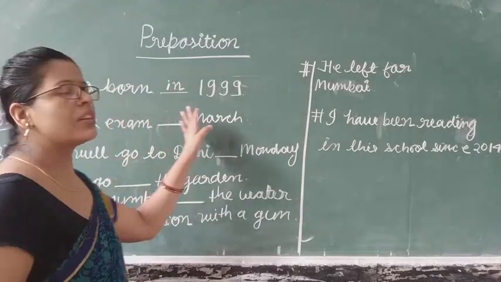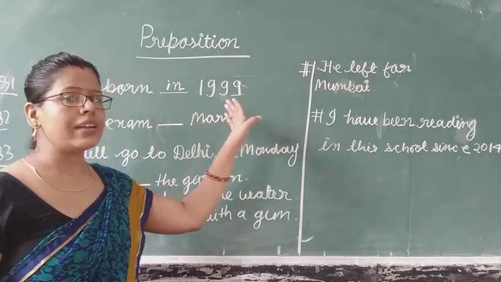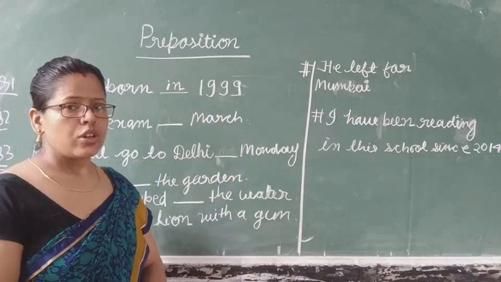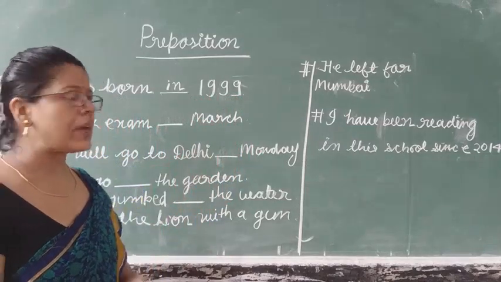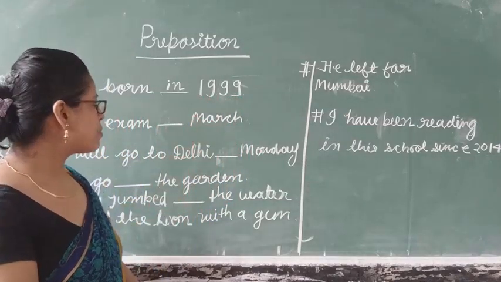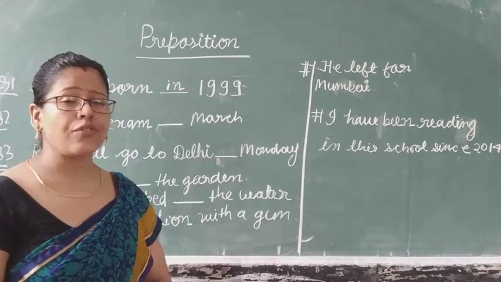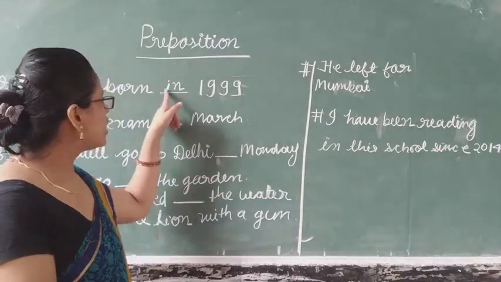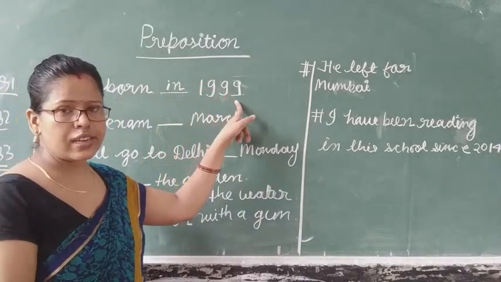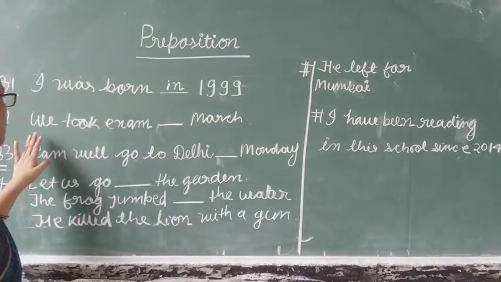I was born in 1999. What do we understand from this example? We use the preposition in in the case of a year.